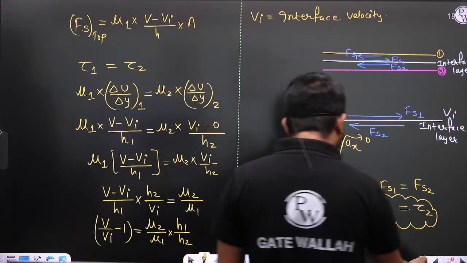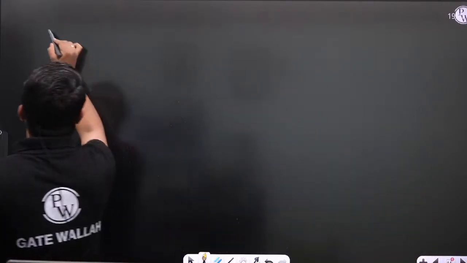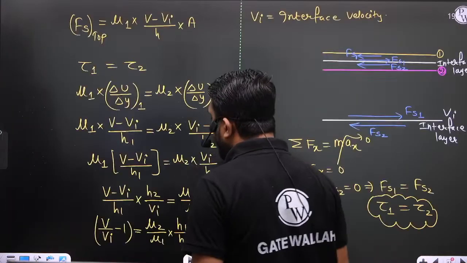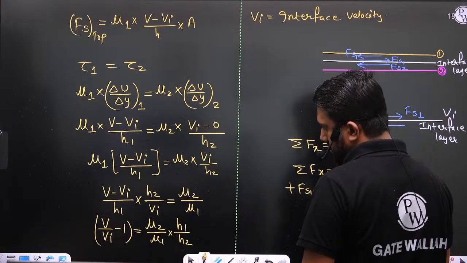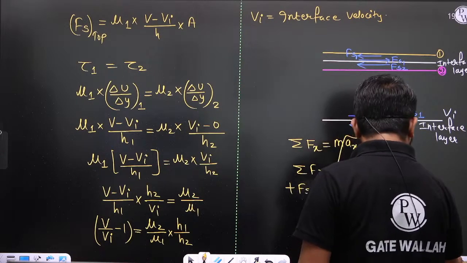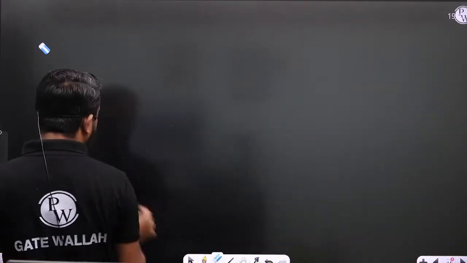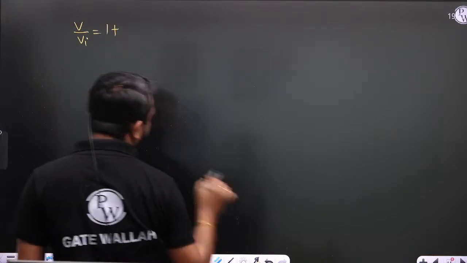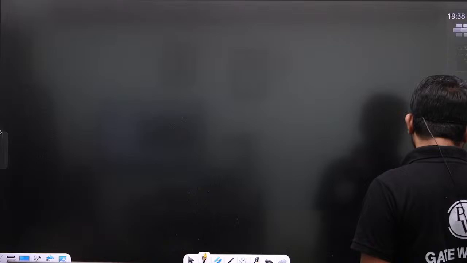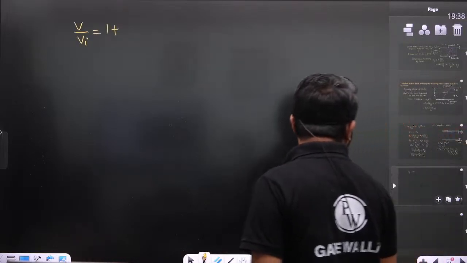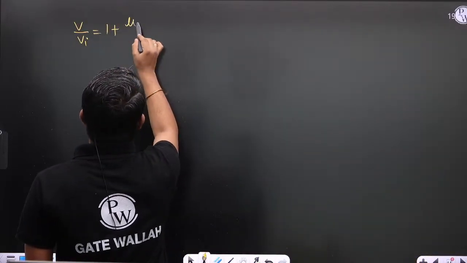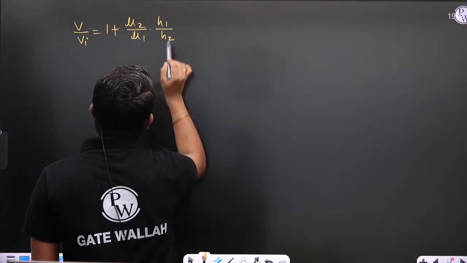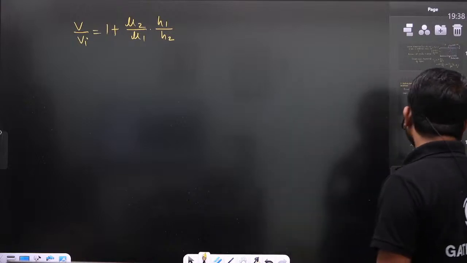So simply we can write, V by Vi is equal to 1 plus mu2 by mu1 into H1 by H2.